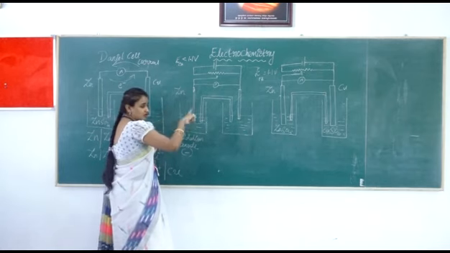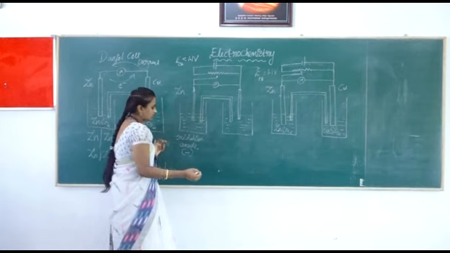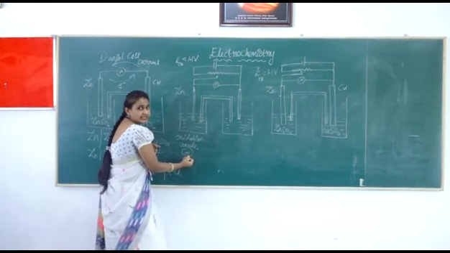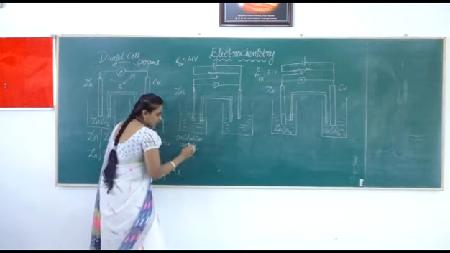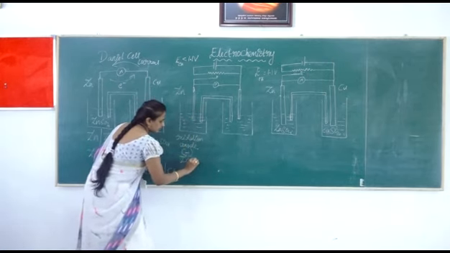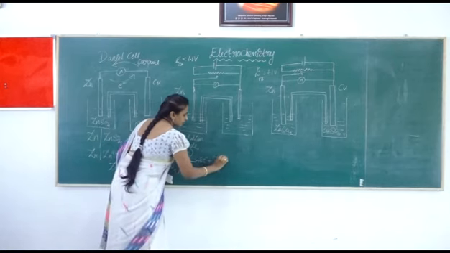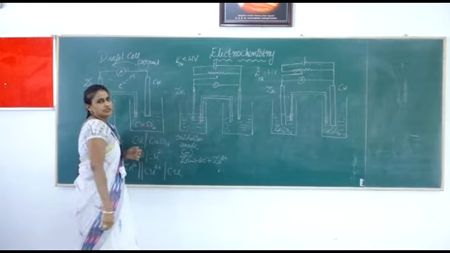Here, based on the losing as well as gaining of electrons, I introduce the anode and the negative sign. Zinc will start losing electrons: zinc loses 2 electrons and is converted into Zn2+.